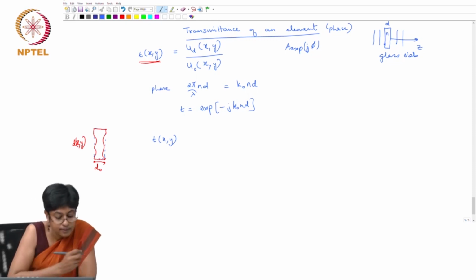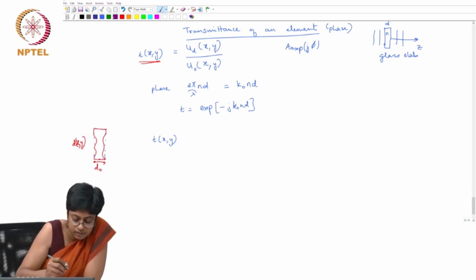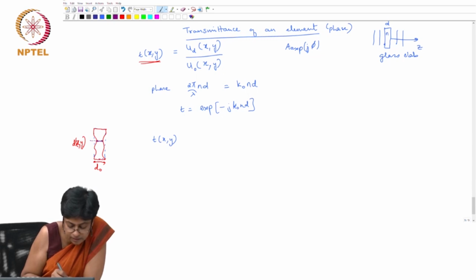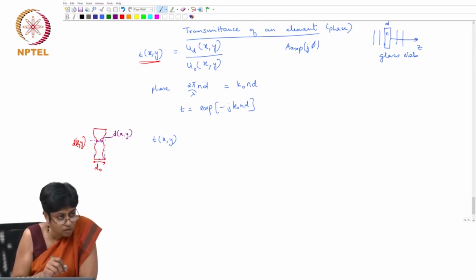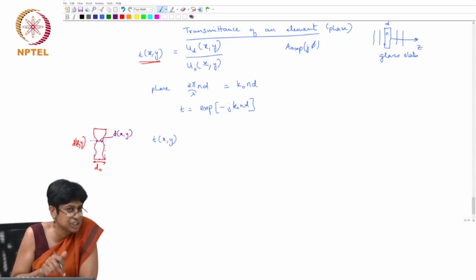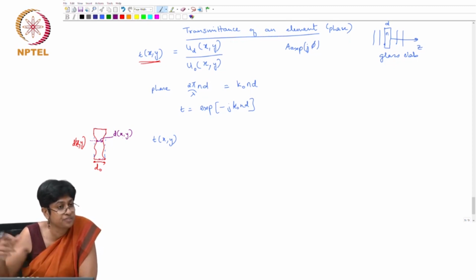Now, let's take some point over here. Let's say the thickness here is d of x y. So what is a ray or the part of the wave that is traveling to that particular section of the element? What is it seeing in terms of the phase change?